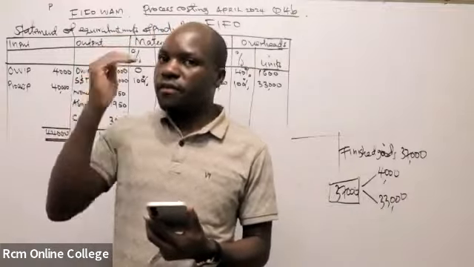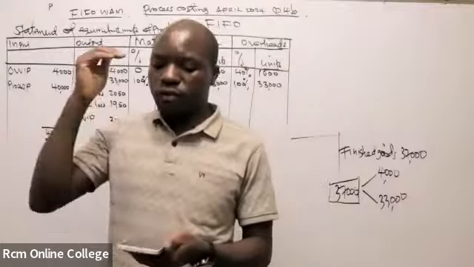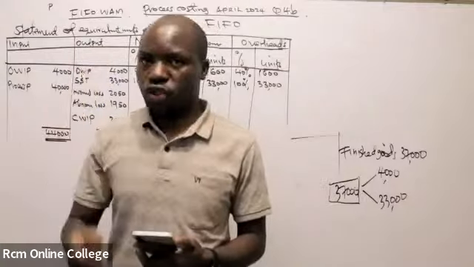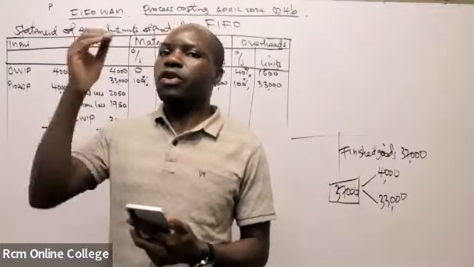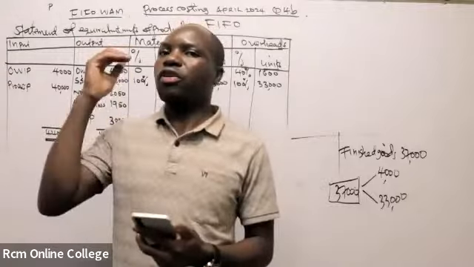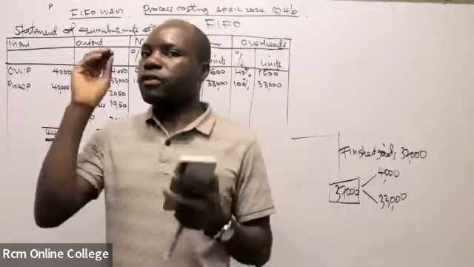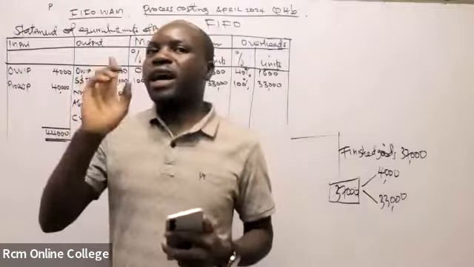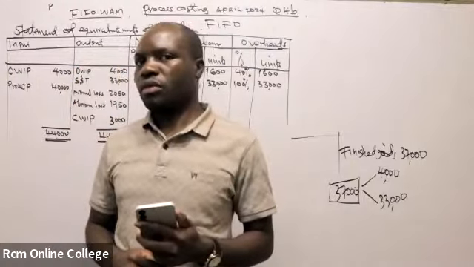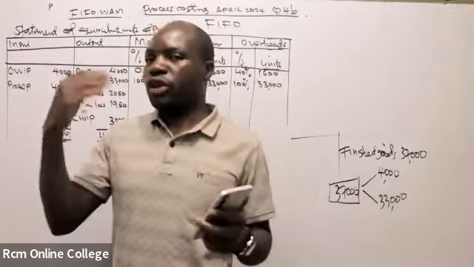Even if you are given percentage of completion for the normal loss, even if you are not given percentage of completion for the normal loss, they do not form part of the product cost. We normally deduct them. Are you able to recall?